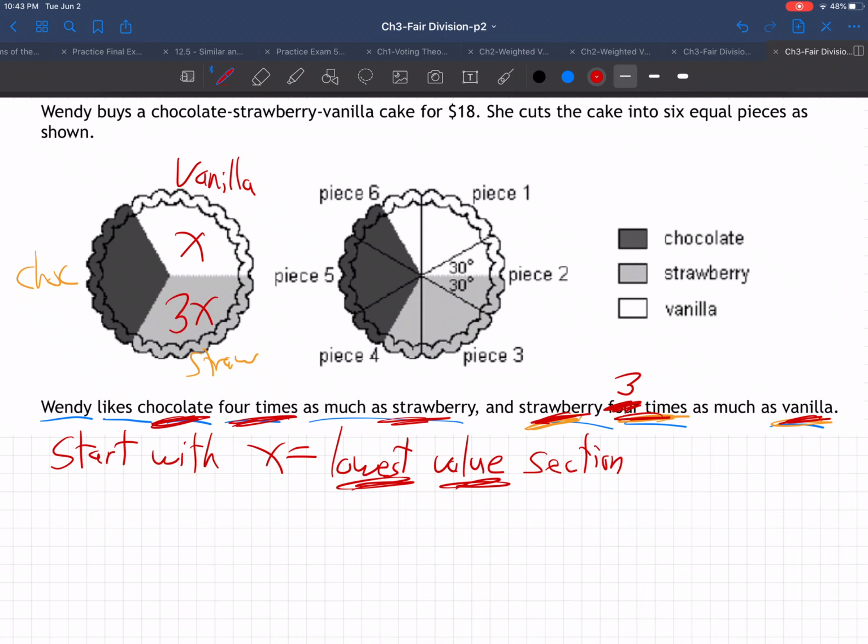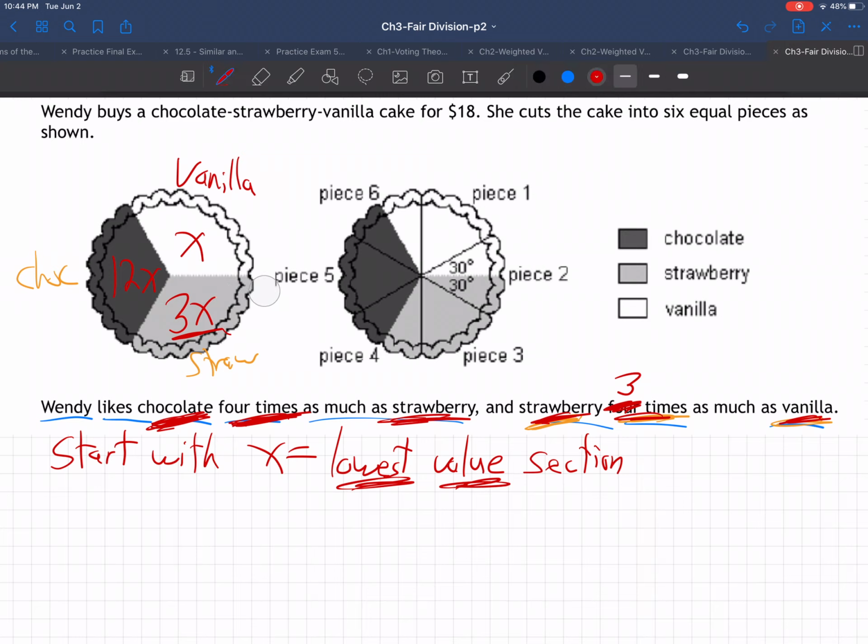So strawberry is 3x. So far, so good. Now, for chocolate. Chocolate's going to be the favorite. Chocolate is 4 times strawberry. So if you take strawberry and multiply by 4, 3x times 4, this is going to be 12x, isn't it?